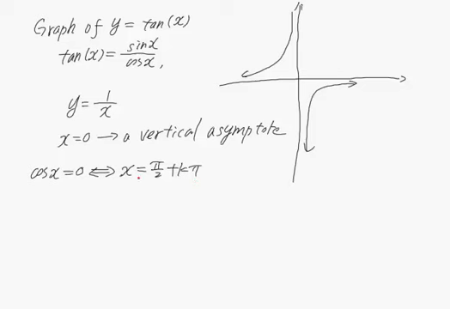That means at all these points we have the vertical asymptotes for the graph of y equal to tangent x. To graph y equal to tangent x, we may compute some ordered pairs.